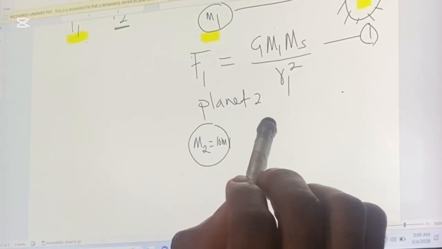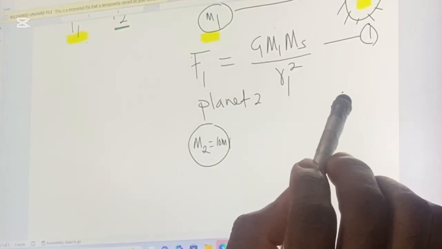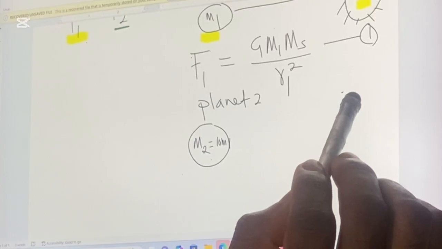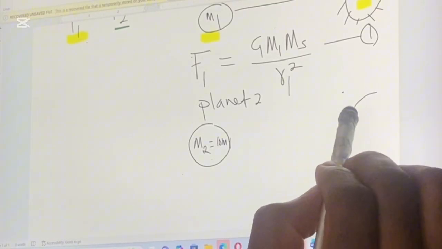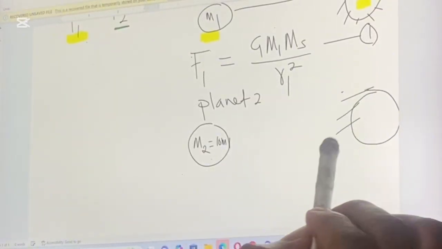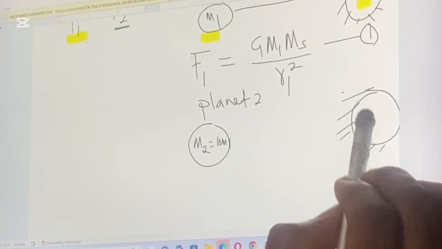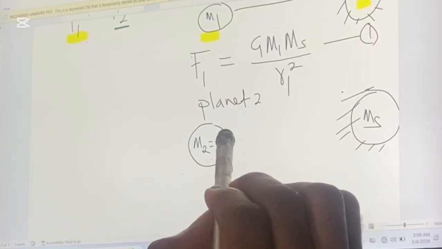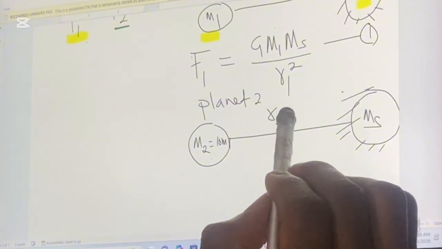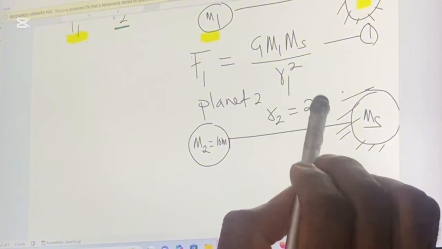They said it is at a distance of r2 equal to 2 r1 from the sun. So I have the sun like this. This is my sun here, the mass of the sun. So the distance from here to here is r2, which is equal to 2 r1.